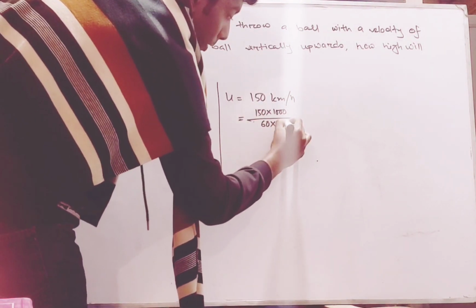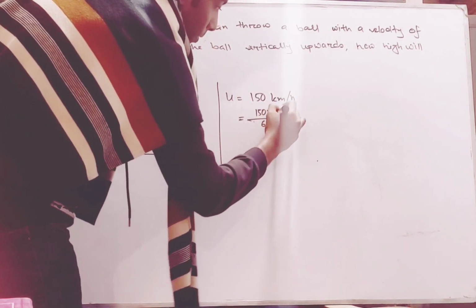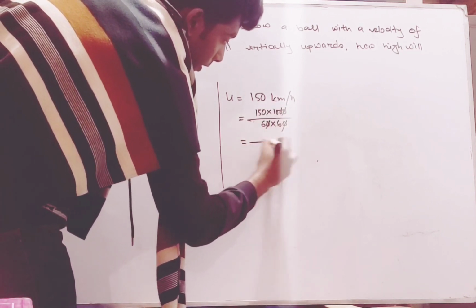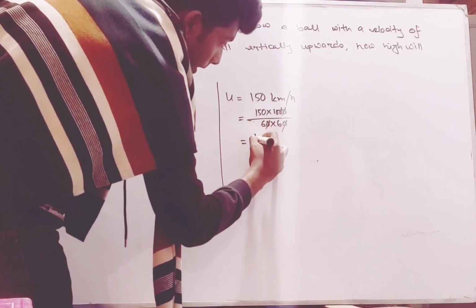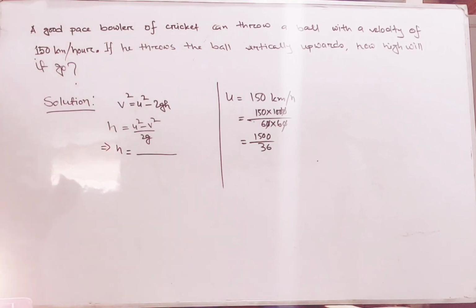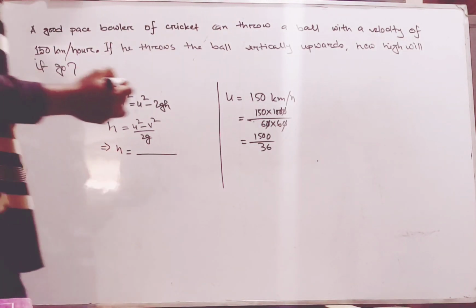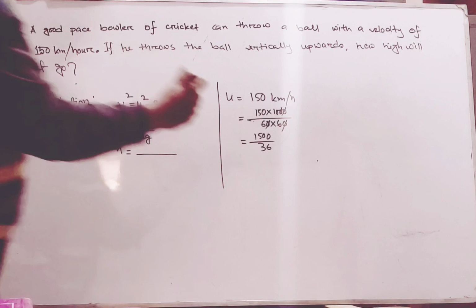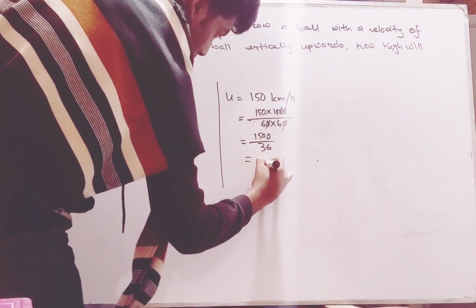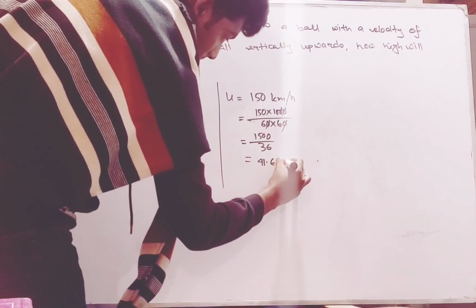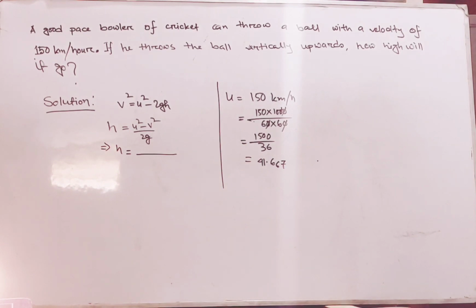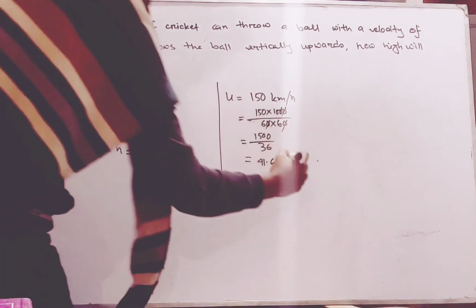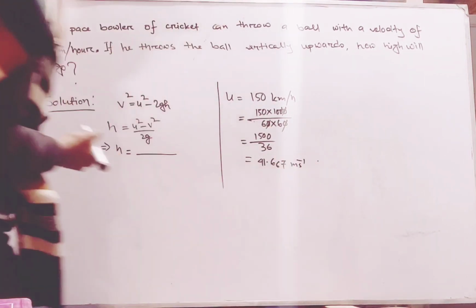Cancelling the zeros, we get 1500 over 36, which is 41.667. You can also write 41.67 meter per second.